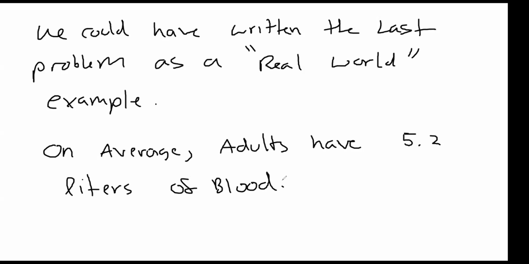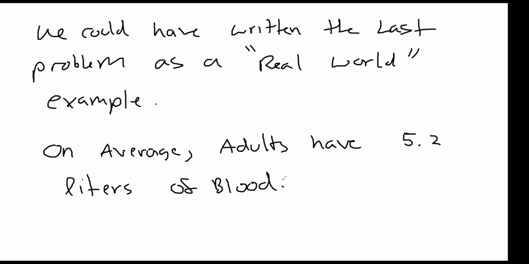So we're saying, let's assume we tested 1,000 or 20,000 or 50,000. We took some large group of adults and tested how much blood they had in them at any given time. And let's assume on average they have 5.2.